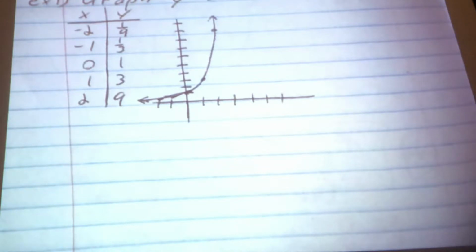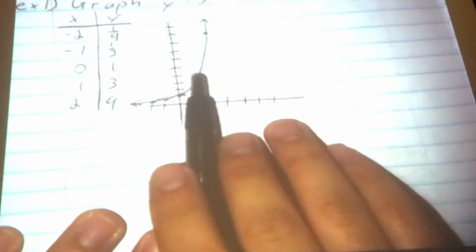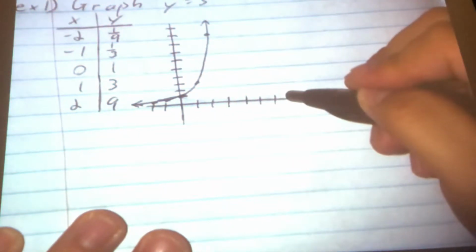Basically, it's a growth because as my x values get larger, this number gets larger at an exponential rate. The next one jumps from 9 to 27, then 81, so it rises faster going up than it does going right. If it was decay, my graph would start dropping from this side and get closer to 0 as my x values increase.